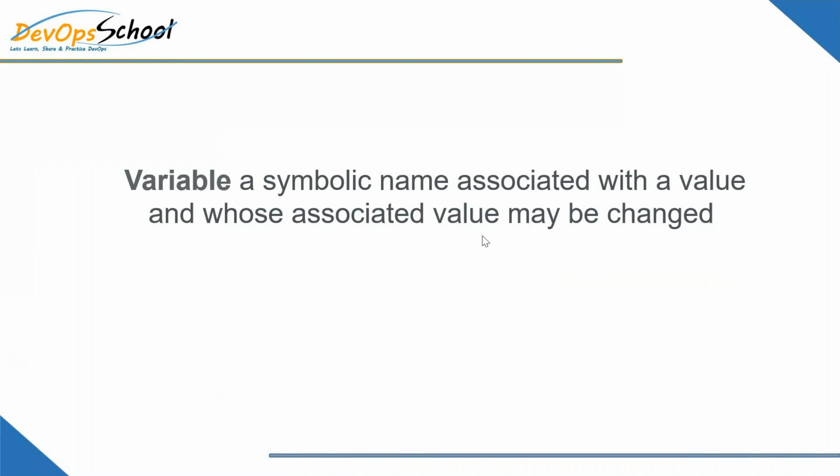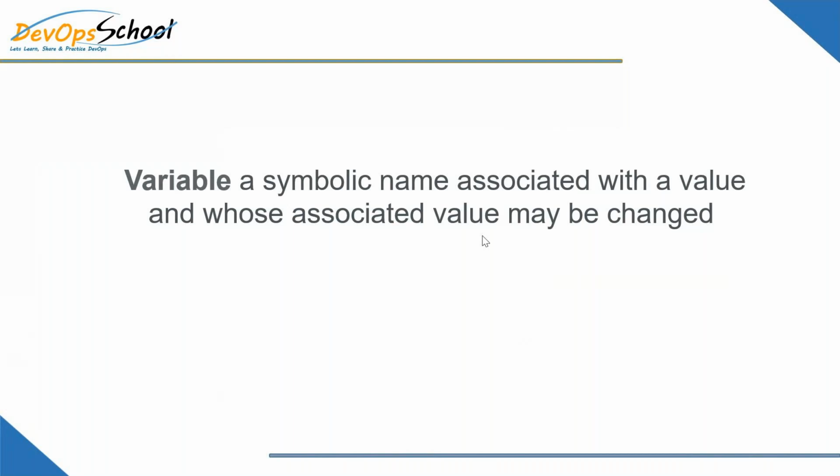Next time, if you modify the code, you have to modify that duplicate value in every place. The simple way is to set a variable at one place and change the variable, and it will automatically change the rest of the places. So variables in Terraform we are going to learn.